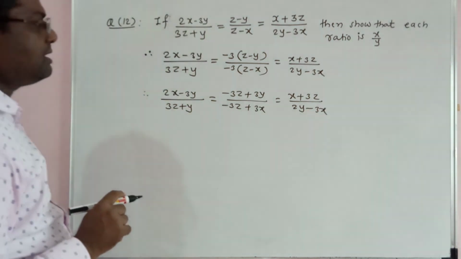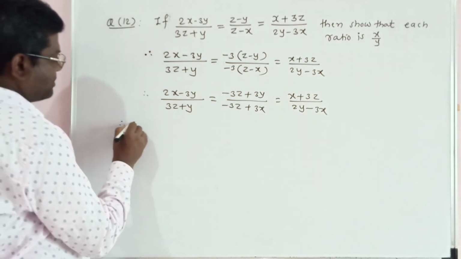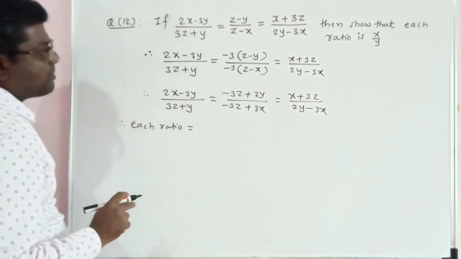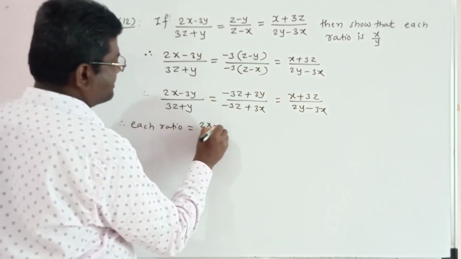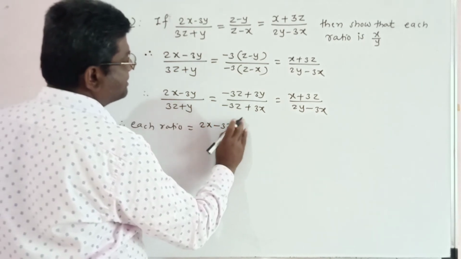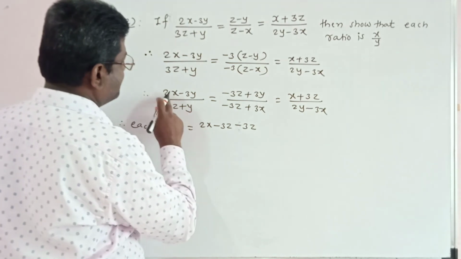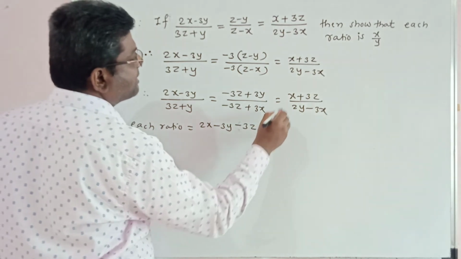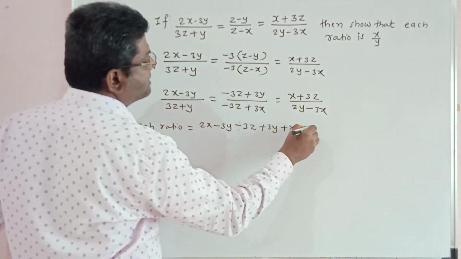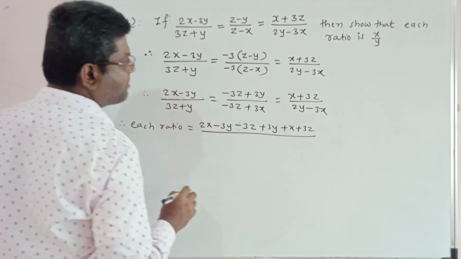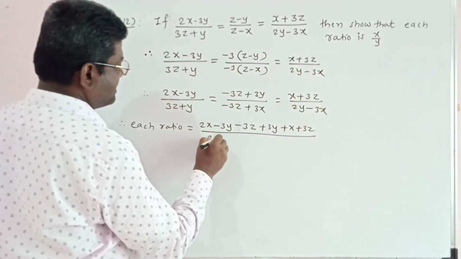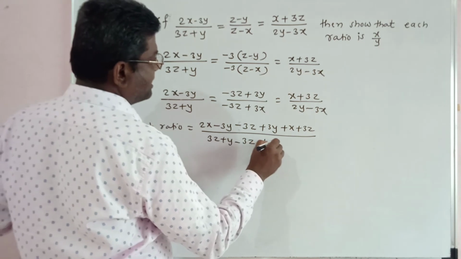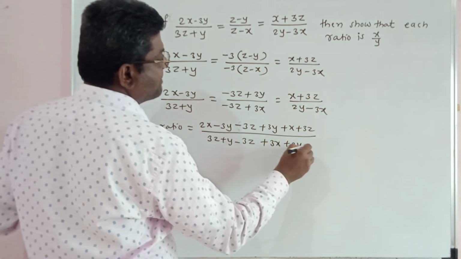Now use the theorem on equal ratios. Therefore we get each ratio is equal to, take the sum of all the numerators, that is 2x − 3y − 3z + 3y + x + 3z upon, take the sum of all the denominators, 3z + y − 3z + 3x + 2y − 3x.